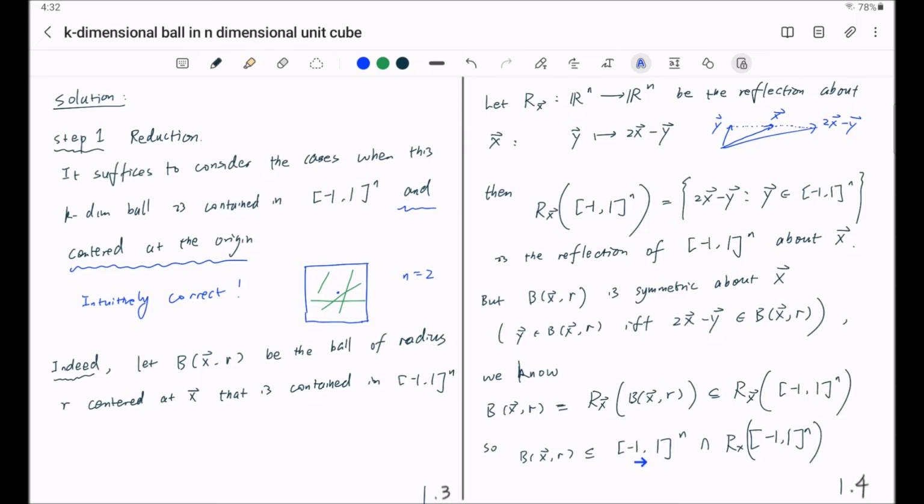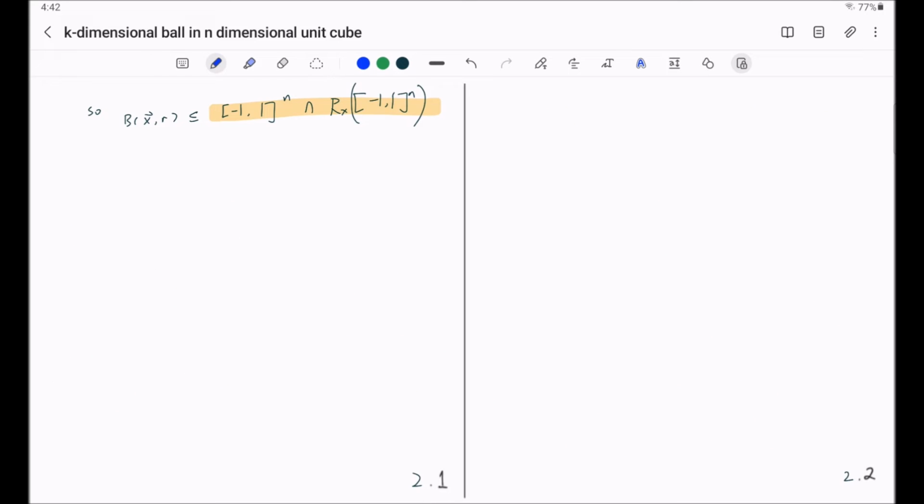And now let us look at this intersection. What is it? Okay, now, what is the geometric meaning of this intersection?